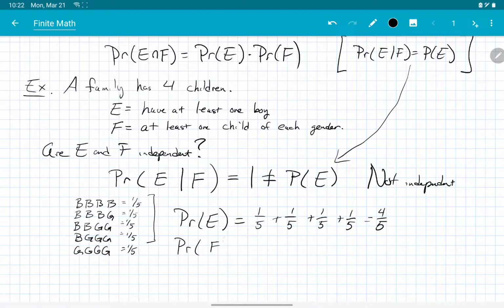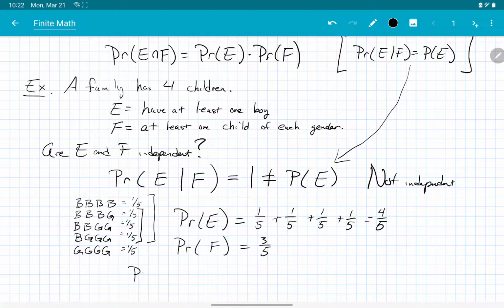The probability of having at least one child of each gender, however, is 3/5, because that's only these middle ones. So it's indeed more likely that you'll have at least one boy than that you would have at least one child of each gender.